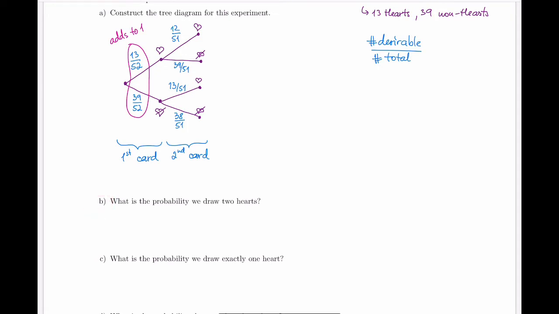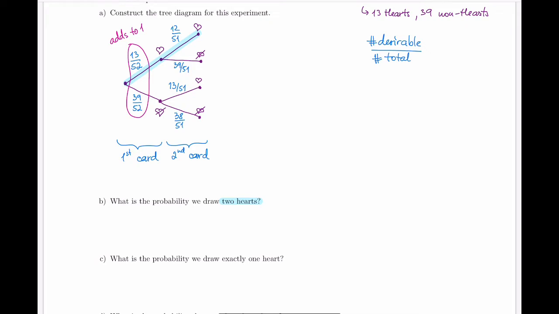What is the probability we draw 2 hearts? So we have to find a path in our tree that goes through 2 hearts. Our diagram is not that big, so I can notice that if I draw heart first and I draw heart second, this branch is going to correspond to my 2 hearts. So the branch here is the one that I'm after.